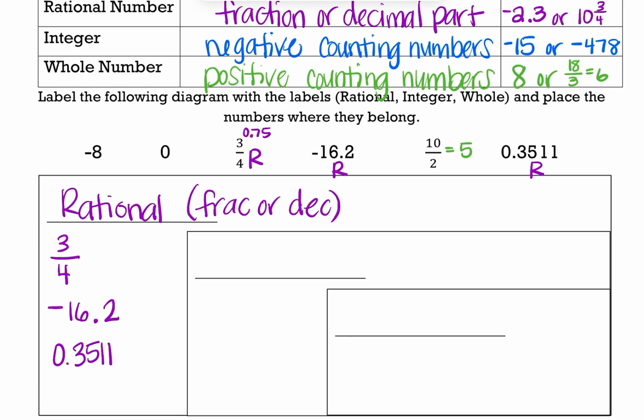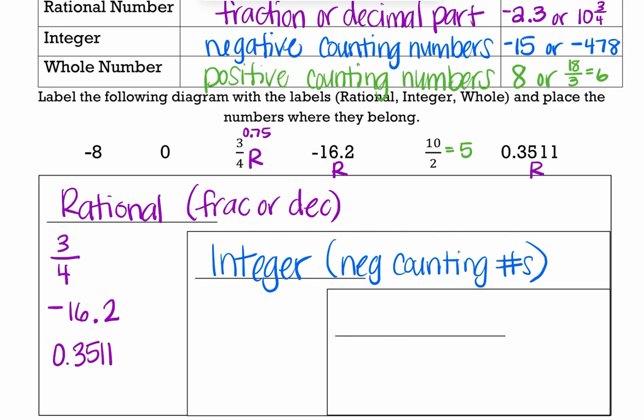All right, let's go to the second circle, which is going to be my integers. And remember, these are going to be my negative counting numbers. So I'm going to go through and ask myself, is it a negative counting number? Ooh, that's a negative counting number.